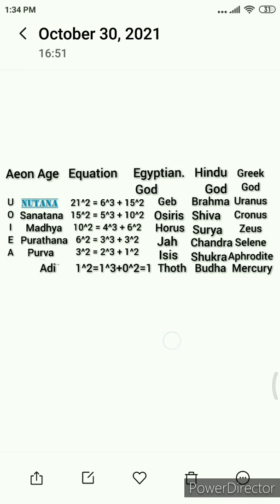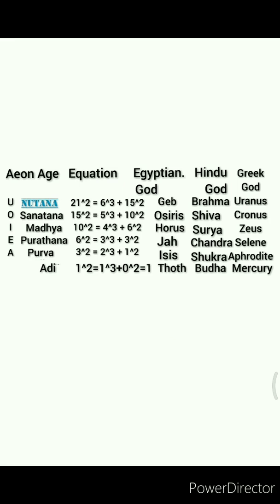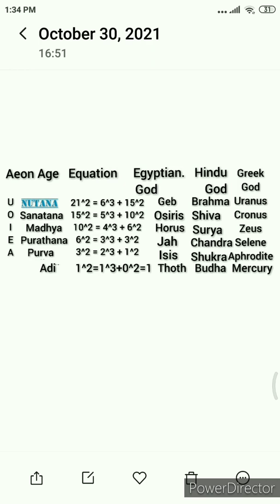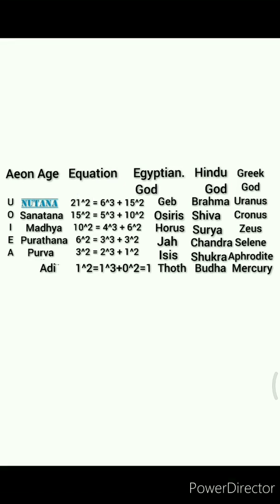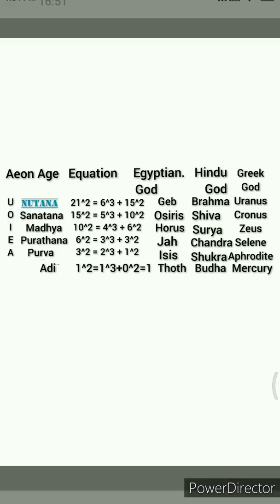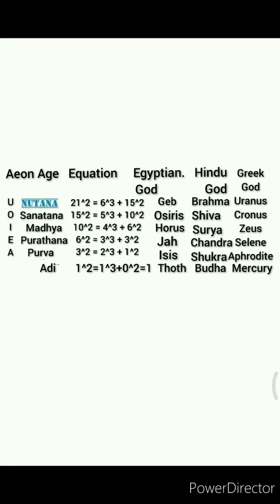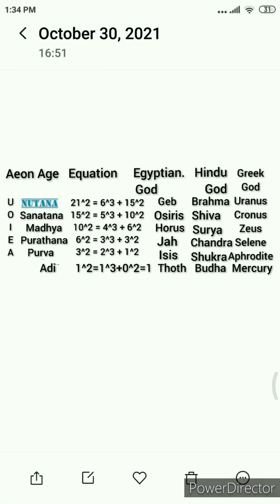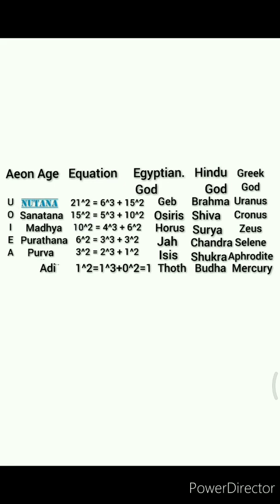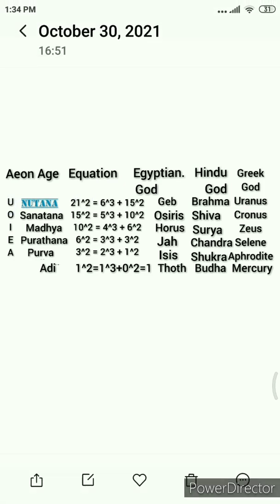In the last but one video, I listed the ion as U and the associated equation is 21 squared, and O is associated with 15 squared. So indeed, O is the 15th letter in the English alphabet, and U is the 21st letter.